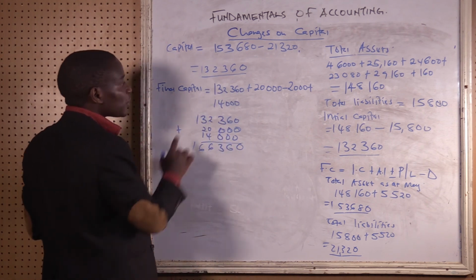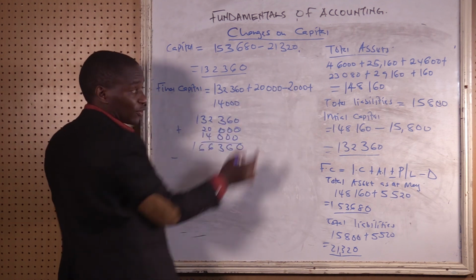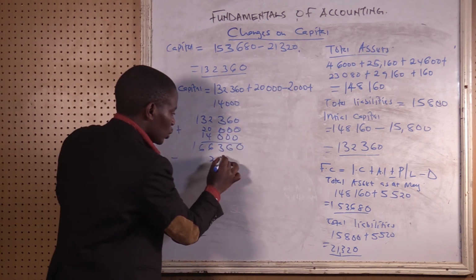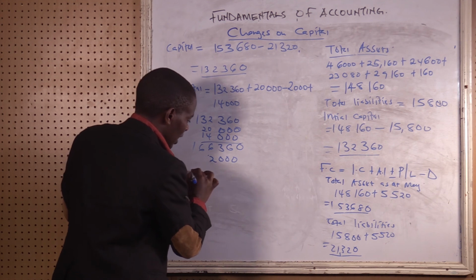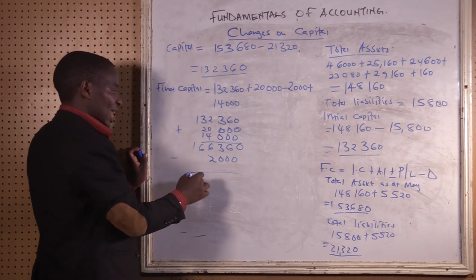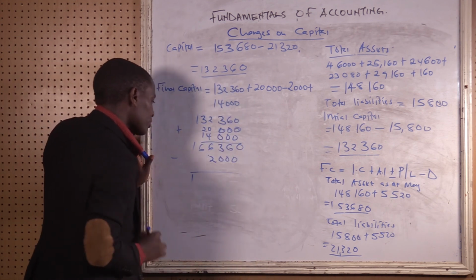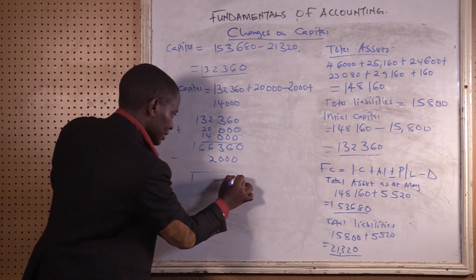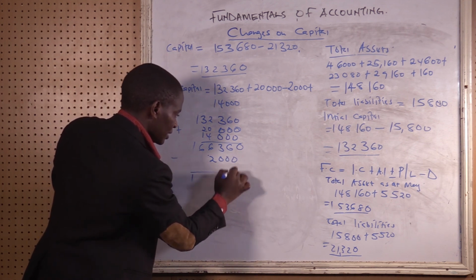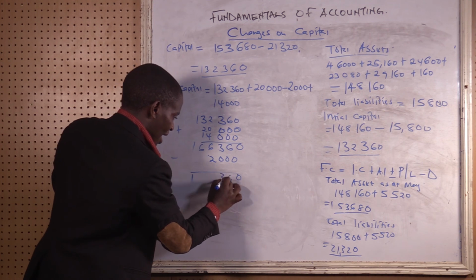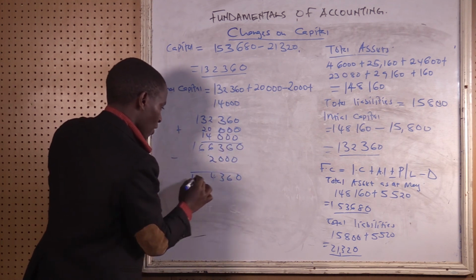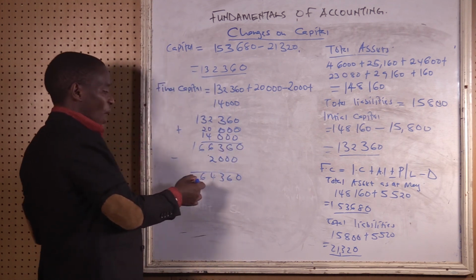Then we subtract from this the 2,000 for drawings, and we shall have 164,360.